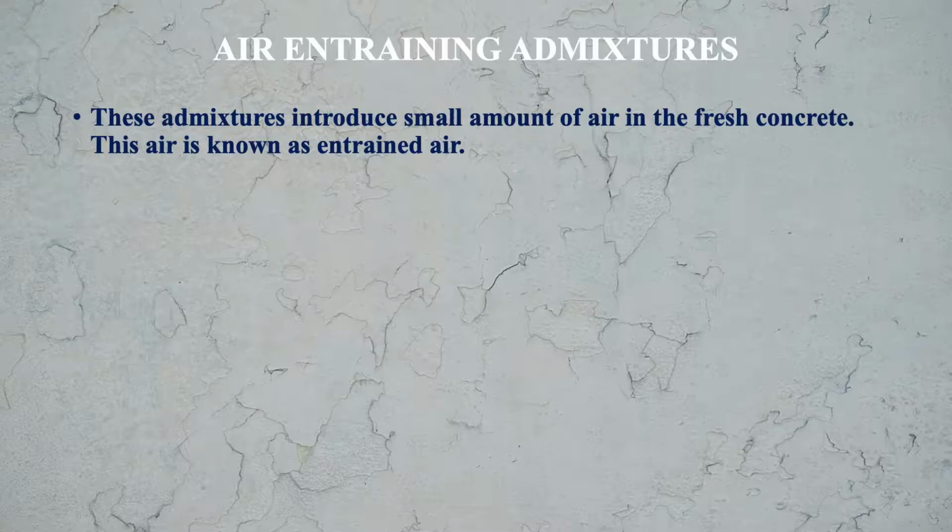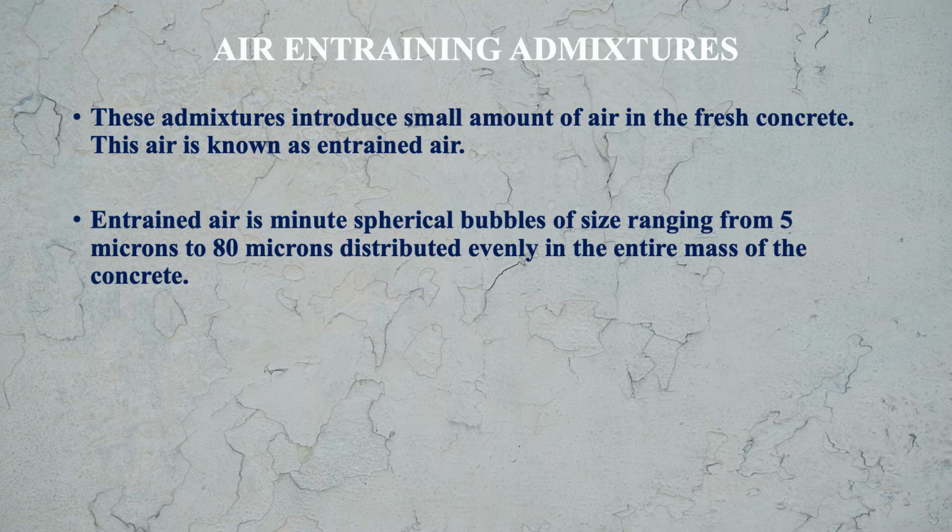What are air entraining admixtures? These admixtures introduce a small amount of air in the fresh concrete. This air is known as entrained air. Entrained air is minute spherical bubbles of size ranging from 5 microns to 80 microns distributed evenly in the entire mass of the concrete.